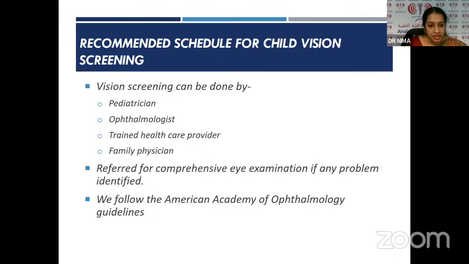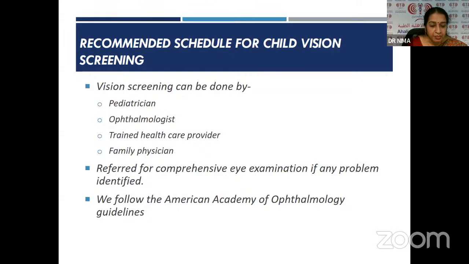Now here in Abu Dhabi, in UAE, all the schools have their school eye screening tests, which are conducted by trained healthcare providers or various hospitals conducting the routine vision screening, which has helped us a lot in picking up so many refractive errors in our kids.